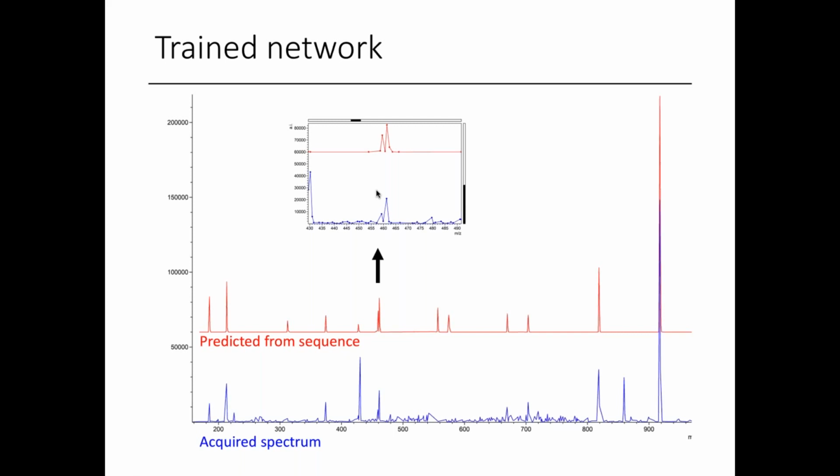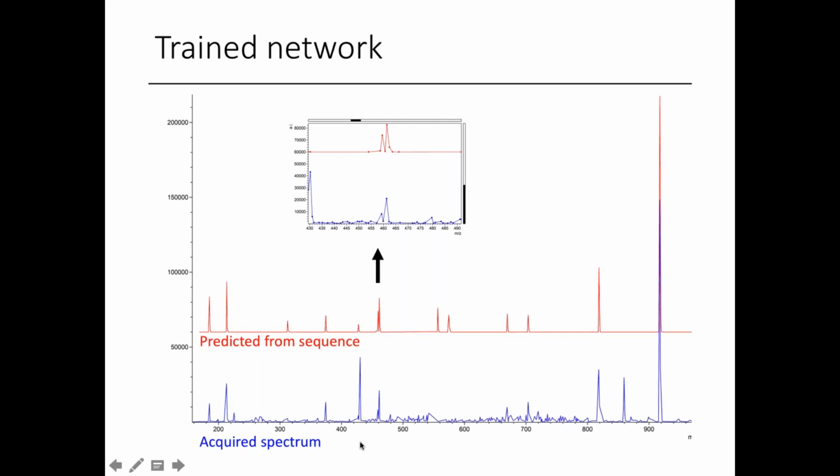So this is just one example, and we performed an analysis of how accurate this is. When there is a peak in the acquired spectrum, and this peak is within 15% of the predicted intensity, we call it a successful identification of this peak.